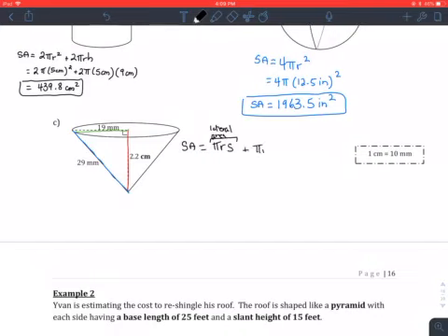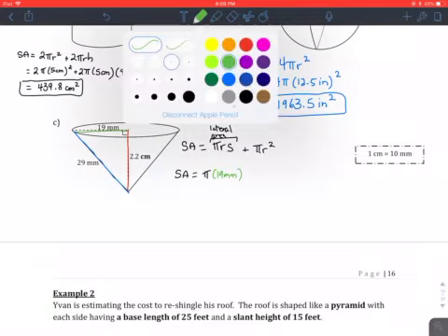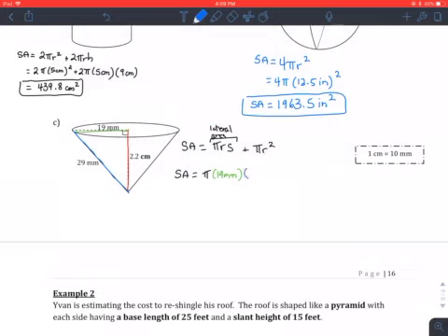So let's go ahead and start filling in some numbers. Pi can stay there. I need a radius, which is going to be 19 millimeters. The slant height is going to be 29 millimeters plus pi radius squared. As you can see, I didn't actually need the height of the cone itself.